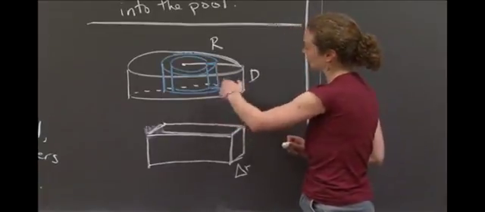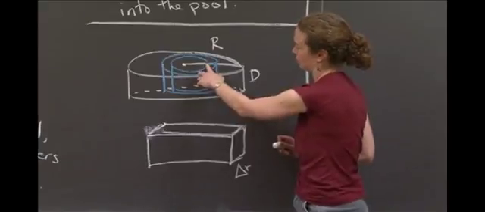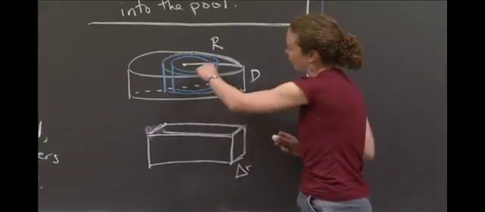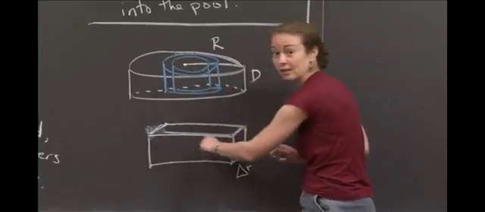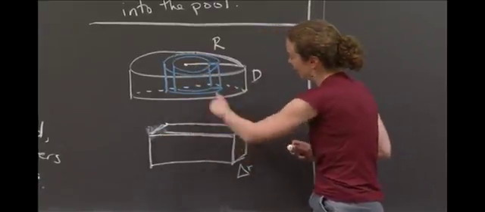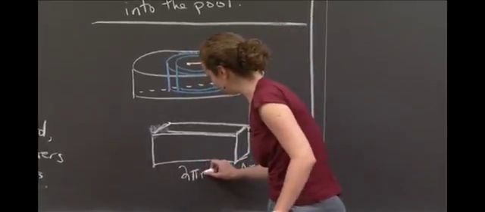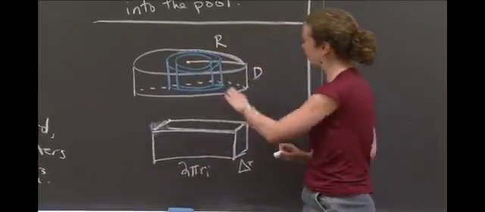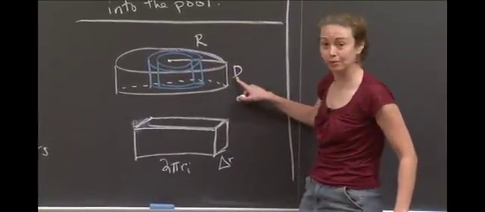And let's assume that we're taking everything from the smaller radius. So then when I open this up, this circle is going to be my length. So my length is 2 pi R sub i. And then the height is easy. The height is constant. The height is just capital D.